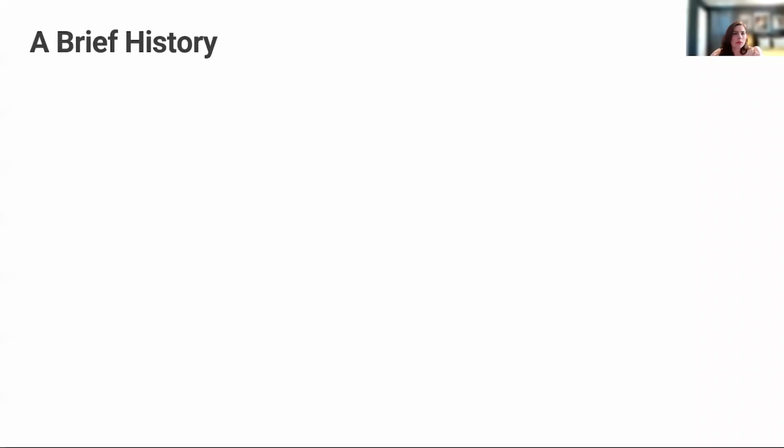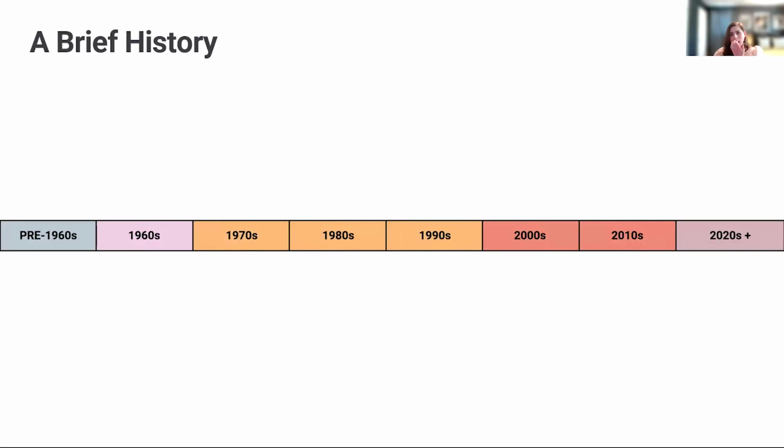So in order to give us some perspective of how we have arrived to where we have today, I'm going to go through a really brief history of design research. So it started in the 1960s, but a lot of the foundational concepts and thinking actually happened prior to that, such as operational research and some of the beginnings of Lean Six Sigma thinking, as well as some ideas around creative techniques.